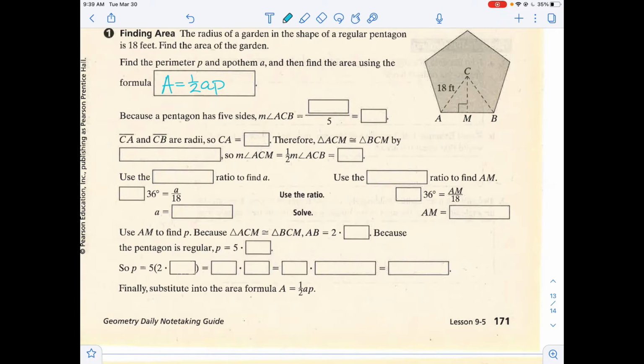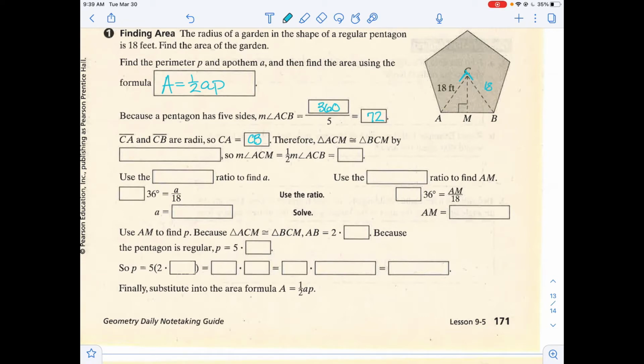Because the pentagon has 5 sides, the measure of angle ACB, this angle here, is 360 divided by 5, which is 72. So CA and CB are radii, so we know that CA is equal to CB. So we know that this side's 18 also.